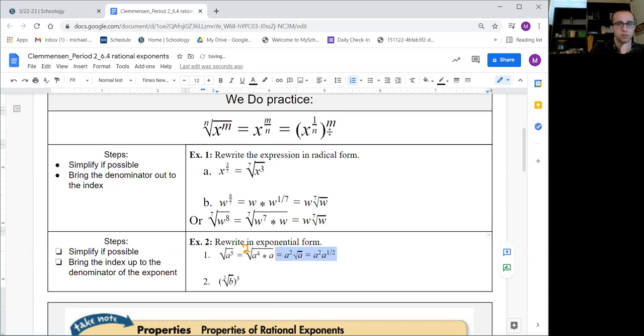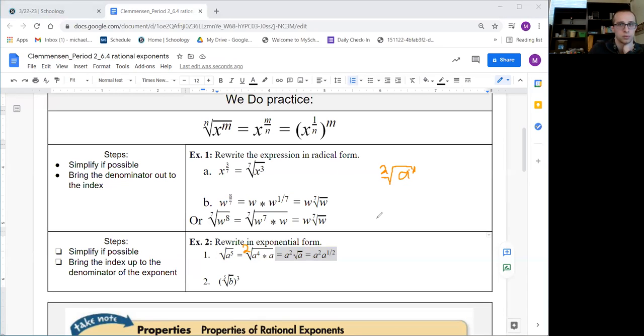And before we move on to the final answer, I want to show that, because there's a lot of invisible things with the square root of a that we don't actually see. The square root of a has a bunch of invisible numbers all around it. Over here for an index, the invisible index is 2. And then my invisible power up here is 1.